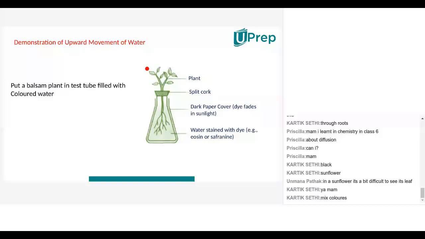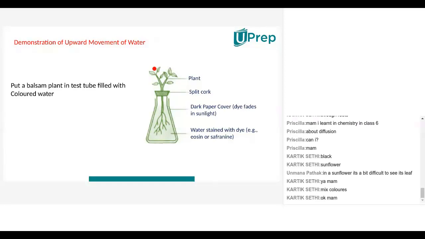If you can take a balsam plant, nothing like it. Karthik, it will not mix up color, but it will absorb, it will soak in the color. Through xylem, it will transport the water. Whatever you add in the water, it will transport the same thing to the end, be it leaf, be it flower. Okay, so this is to prove.